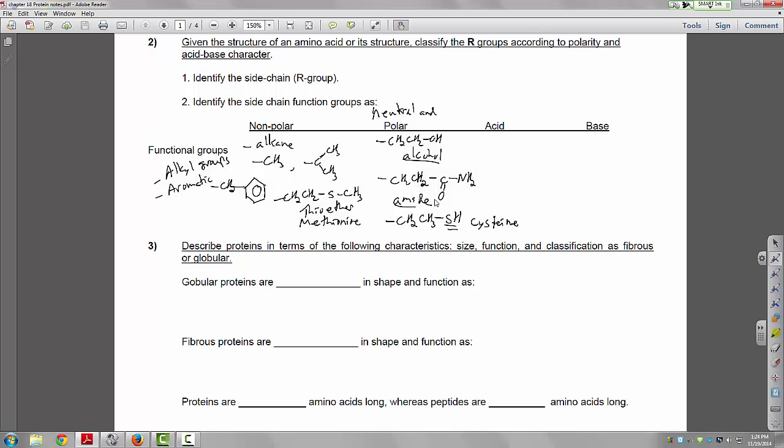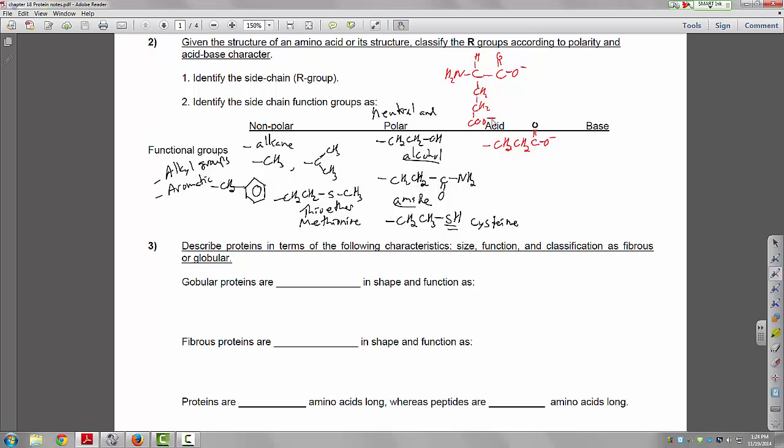Acidic and basic ones, of course, are going to be polar as well, but they contain an acid group. So we have glutamic acid. The side chain also contains an acid. Let me go ahead and draw. Here's the carboxylate, here's our alpha carbon, and then we could have one more.